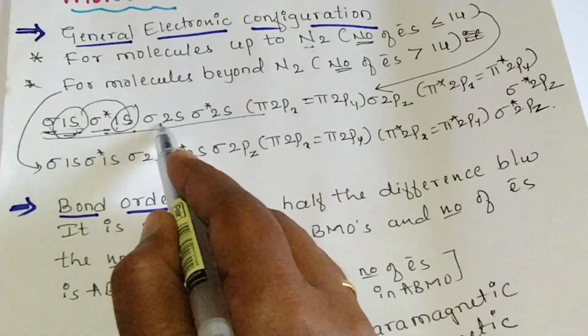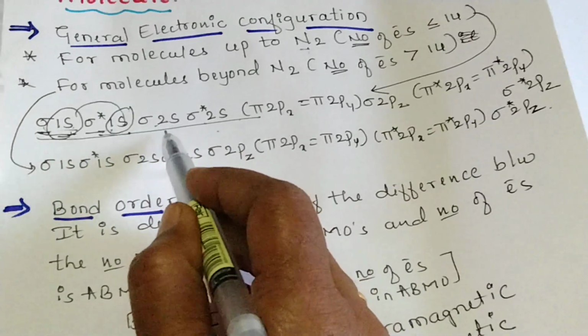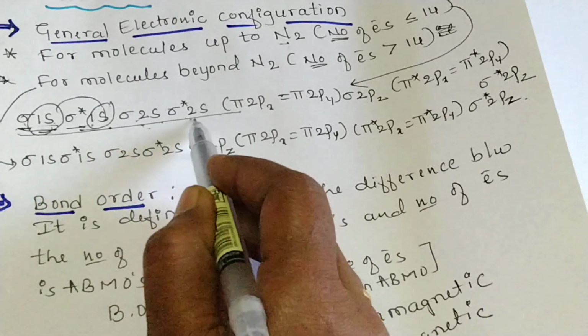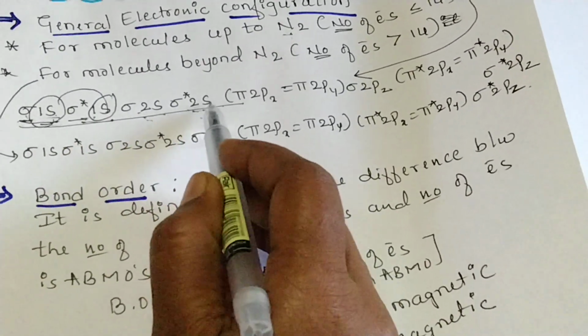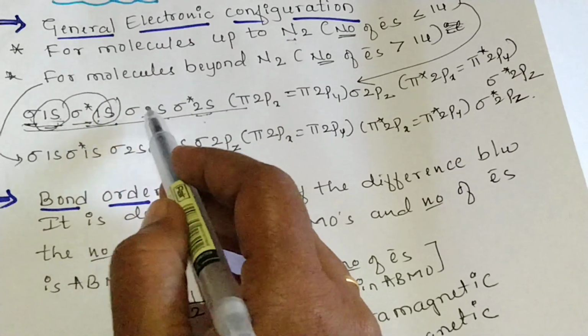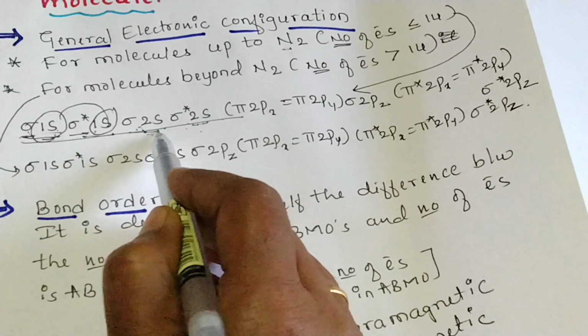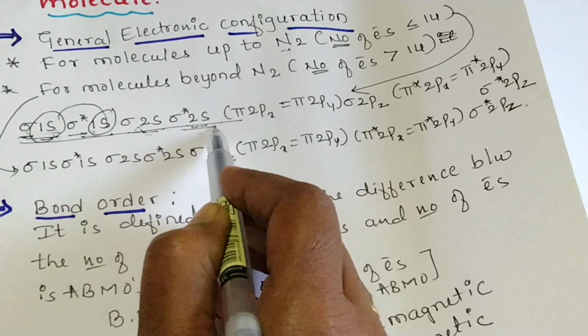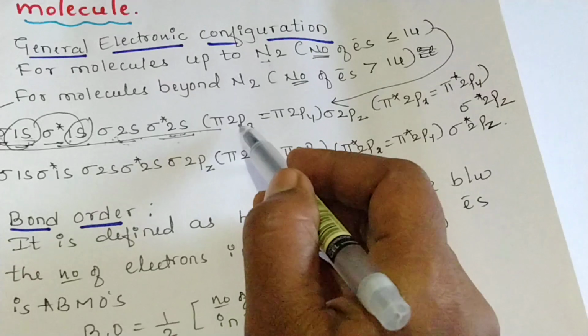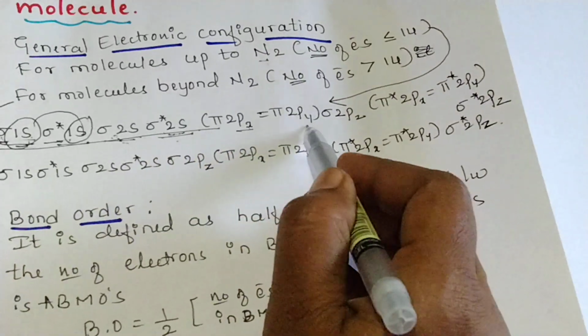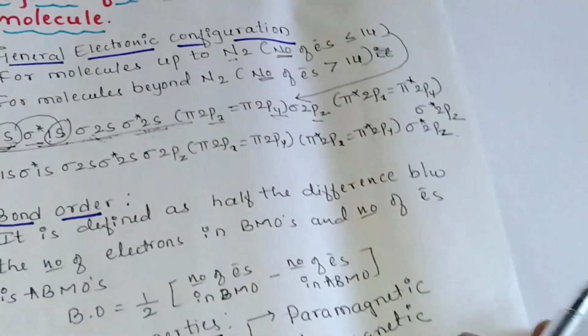Similarly, sigma 2s and sigma star 2s. Here 2s and 2s atomic orbitals overlap completely and form bonding and anti-bonding molecular orbitals. Similarly in the case of 2px, 2py and 2pz.